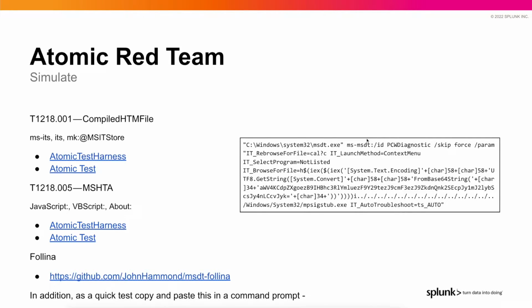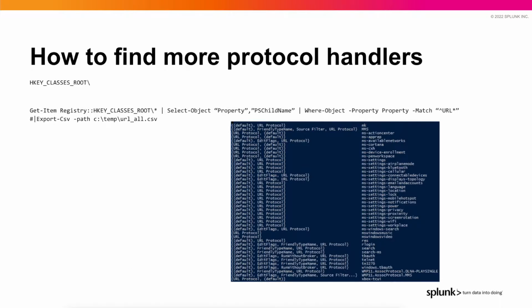So yeah, you can run the T1218.001 in Atomic, 005, and then if you want to generate the actual Word doc, you can use John Hammond's Follina builder, and or if you just want to get this ran on the command line, you can honestly just copy and paste this, drop it in the command prompt. It'll run the same thing that you would be looking for anyway, without having to worry about having Office installed in your range or anything like that. So it's as easy as that. Run those, and then let's see what we get in Splunk, right?